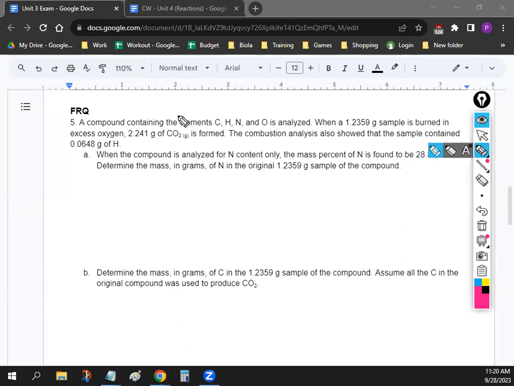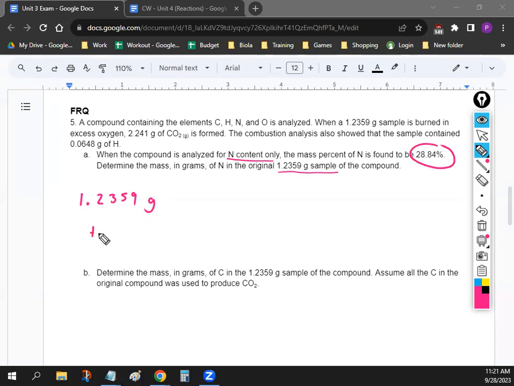It says this compound is analyzed for nitrogen content only, and the mass percent of nitrogen is 28.84%. It's asking you for the mass in grams of nitrogen in the original 1.2359 gram sample. So this one is talking about the original compound. Now it tells you that the original compound is 1.2359 grams, and it's asking you what percentage of that mass is just nitrogen.